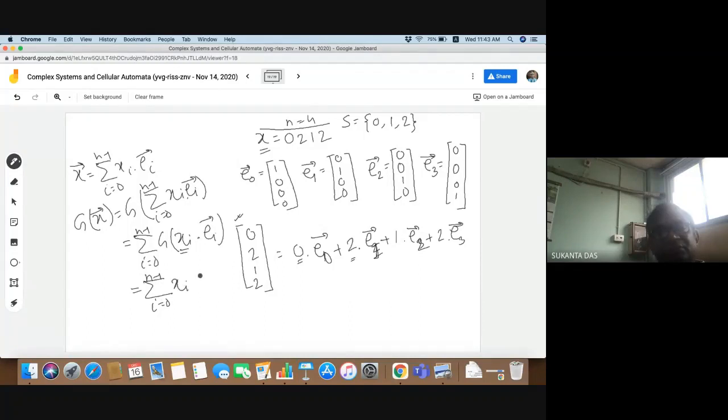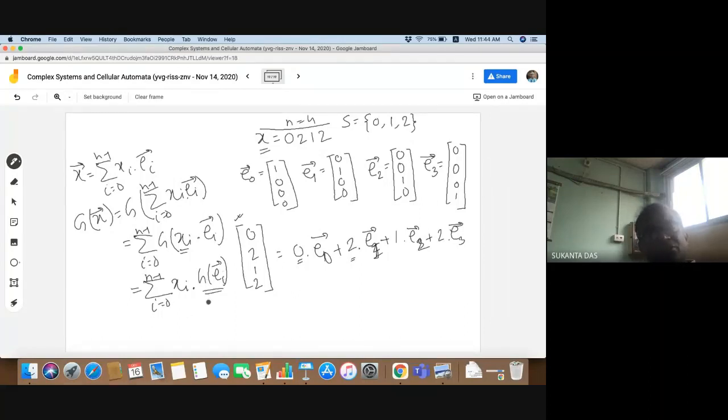So I can write it like this: xi dot G of ei, right? Now what is this? This I have assumed as vi. Recall that I have assumed this is the next configuration of ei. This is vi.